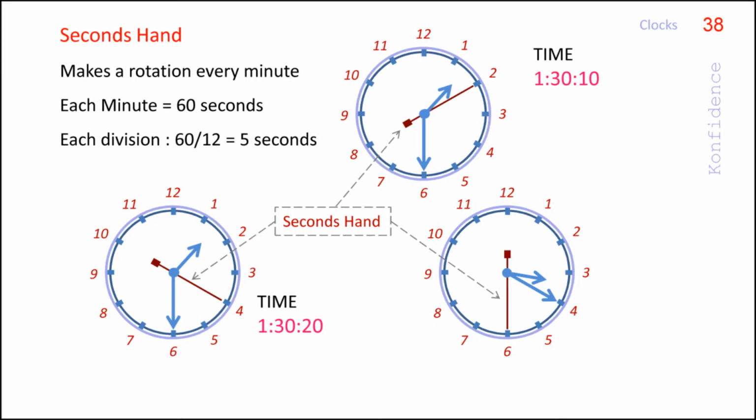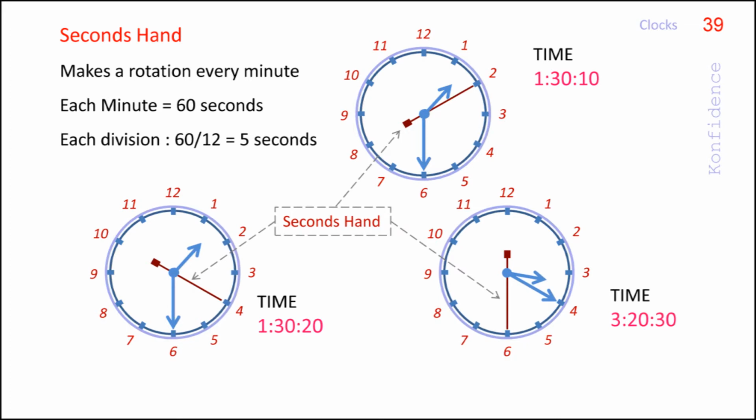Hour hand past 3, minute hand at 4 and moving, and second hand at 6 will indicate a time of 3 hours, 5 into 4 20 minutes and 6 into 5 30 seconds. So the time will be 3 hours, 20 minutes and 30 seconds.